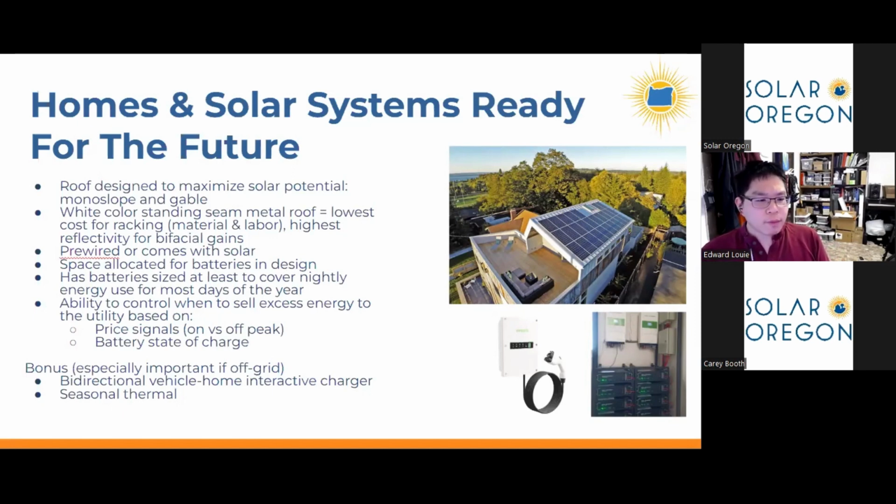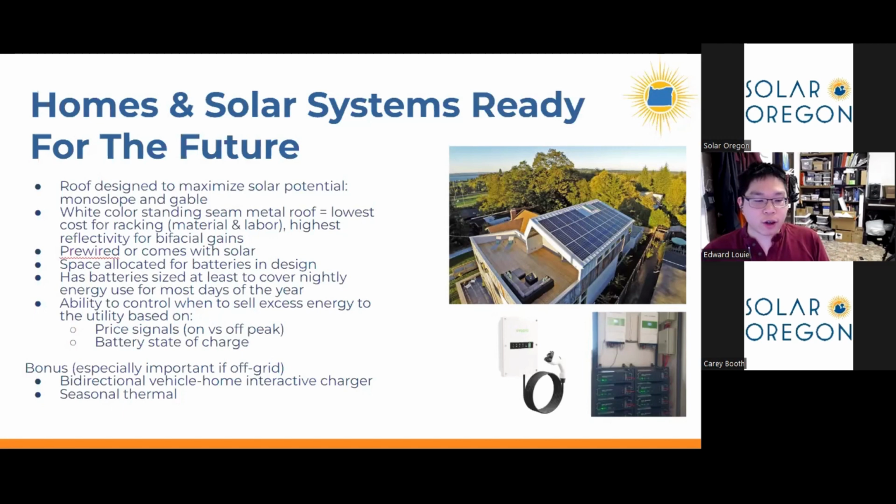And for the future of these systems, they really should be a little bit more intelligent. The inverters and the solar control equipment need to be more intelligent to understand price signals, and to be able to understand whether it's going to be cloudy or sunny the next day.